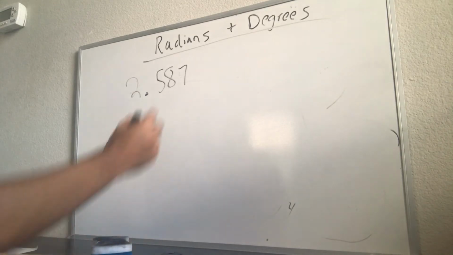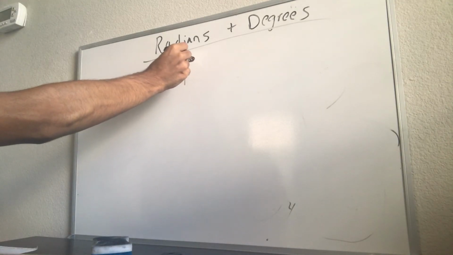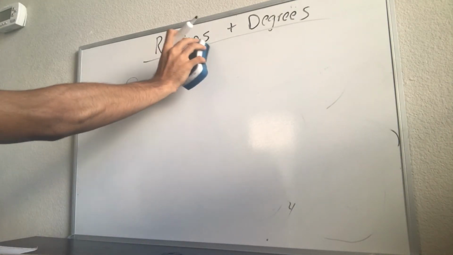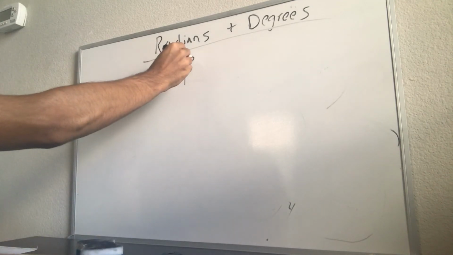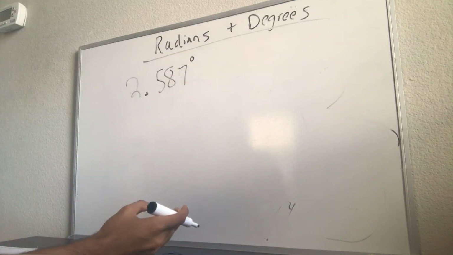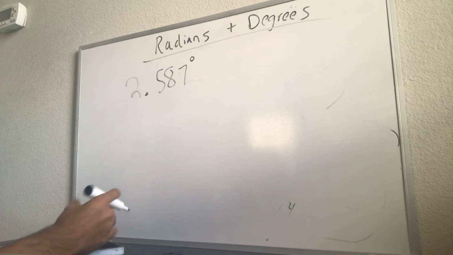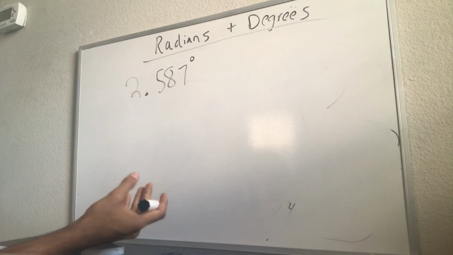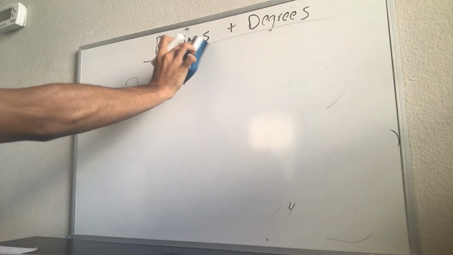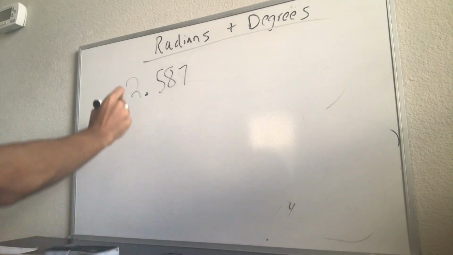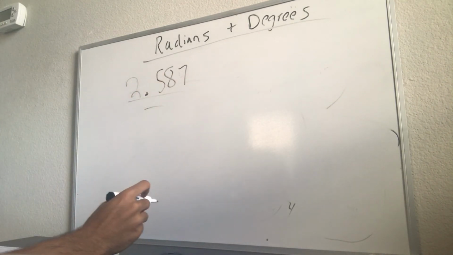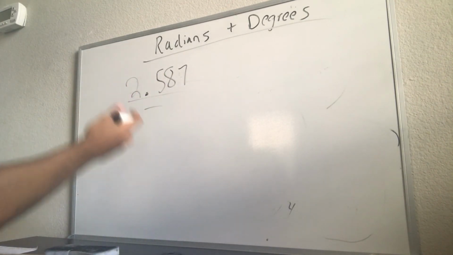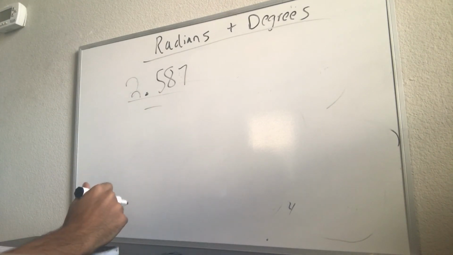What differentiates one from the other is this symbol right here. Many of us know that this is degrees. But for radians, there's no such symbol. You may not necessarily see pi. It could just be this. And whenever there's no degree symbol and it's just by itself, this indicates that it's 2.587 radians.